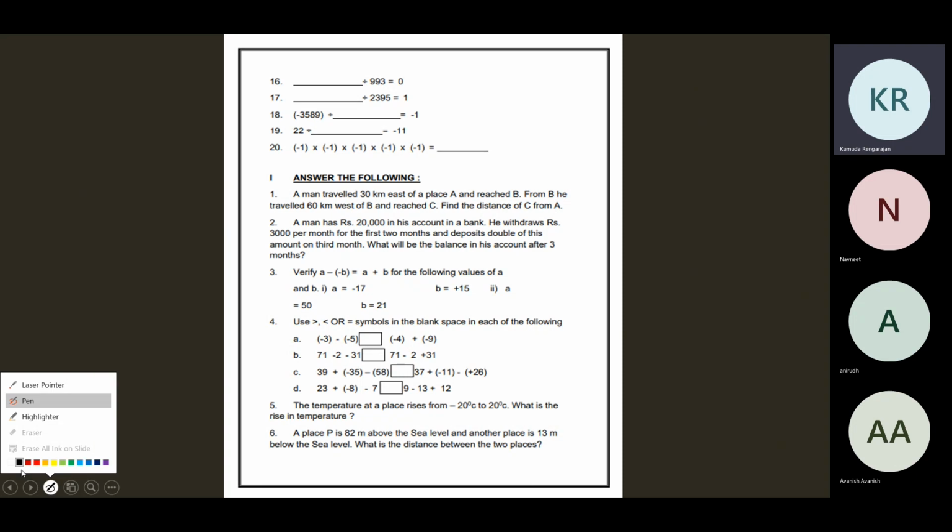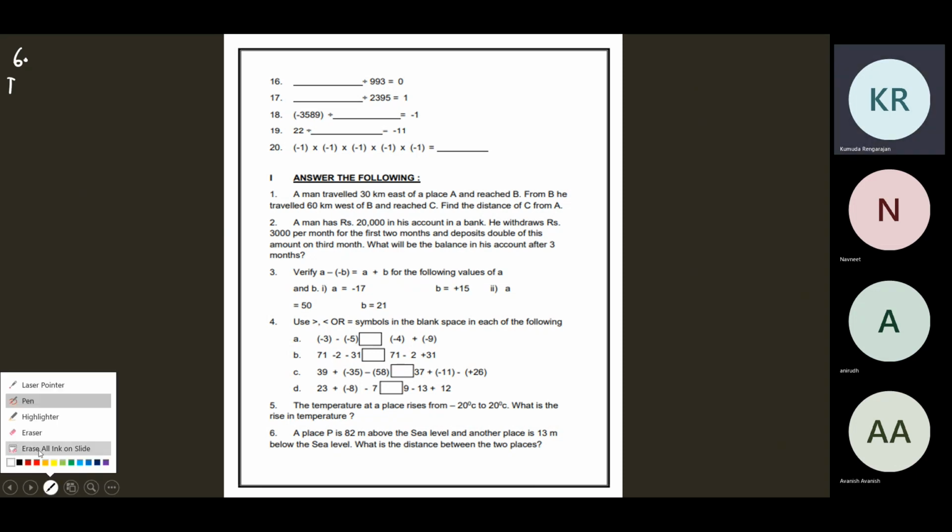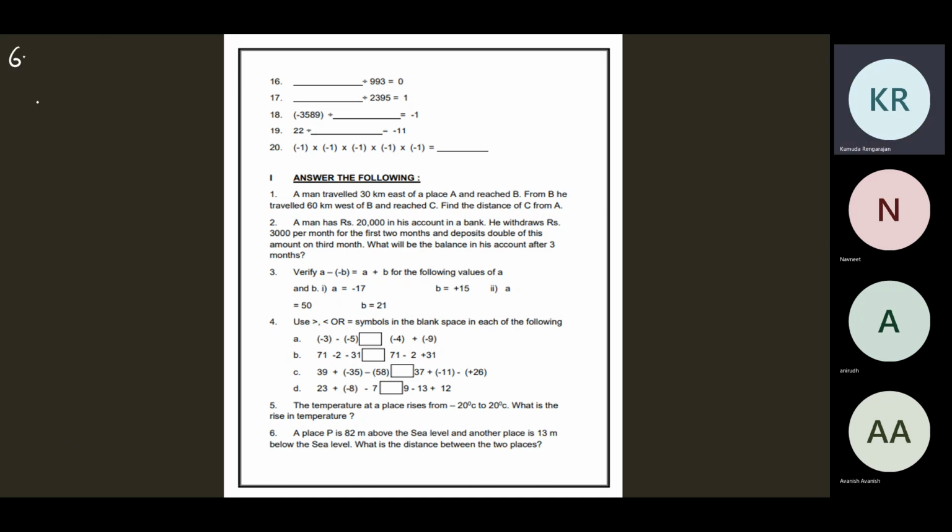Look at this one. For the sixth one, I introduced absolute value, so you can use absolute value and write it. Okay, first you should draw the diagram. This is the sea level.